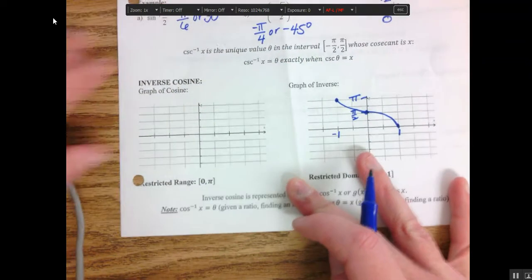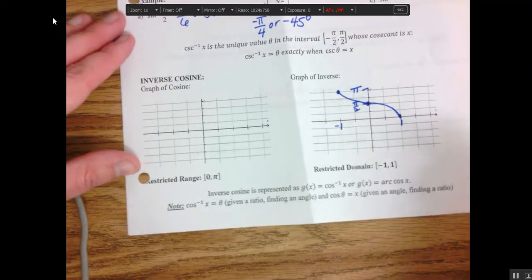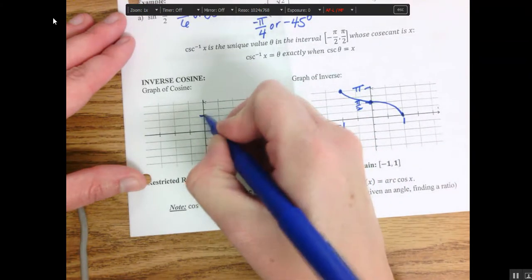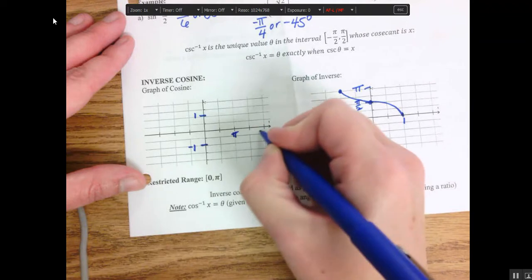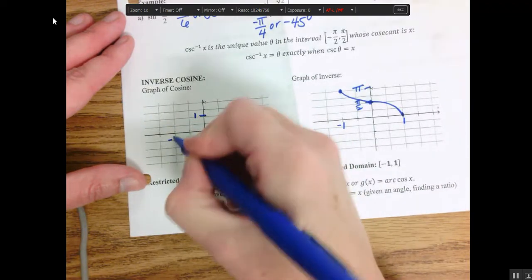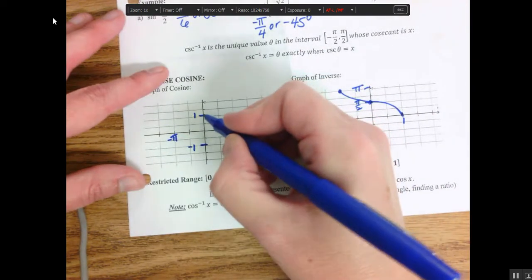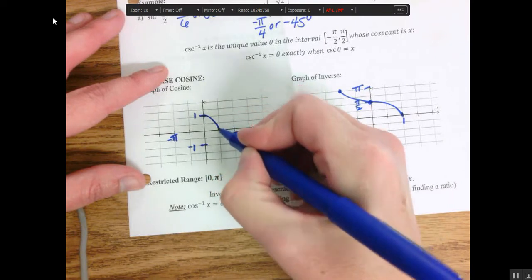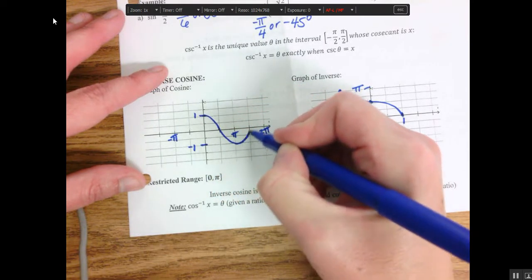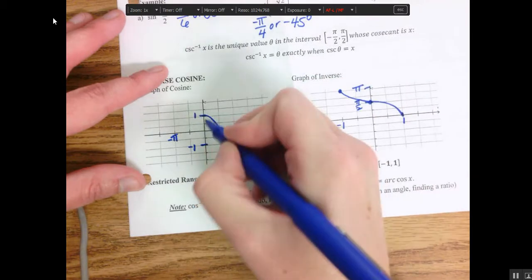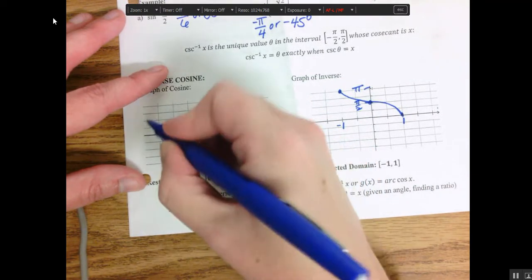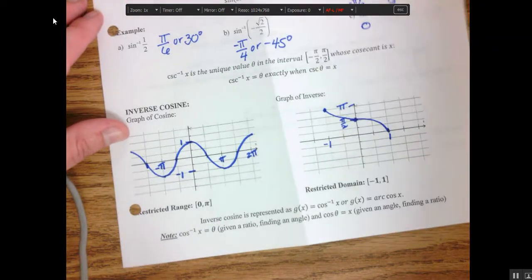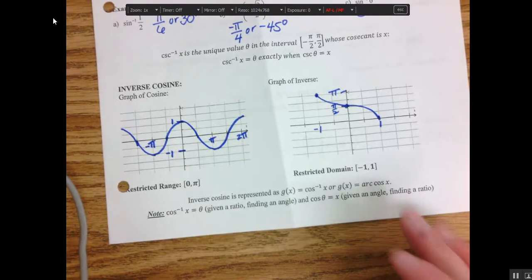Over here is your regular cosine graph. Do quick math. On the patty paper.